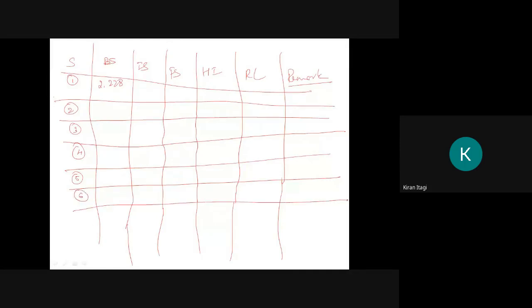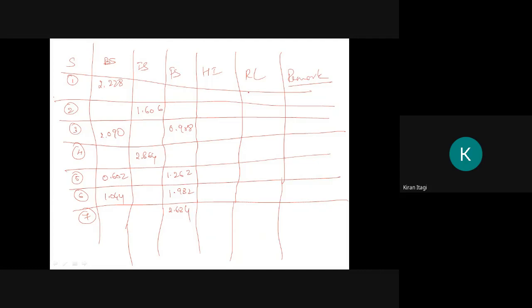This is 2.228. Here 1.606. Foresight was 0.988. Again backsight was 2.090. Intermediate sight was 2.864. Here it was 1.262 and it was 0.602, then 1.982, 1.044, and here it was 2.684.